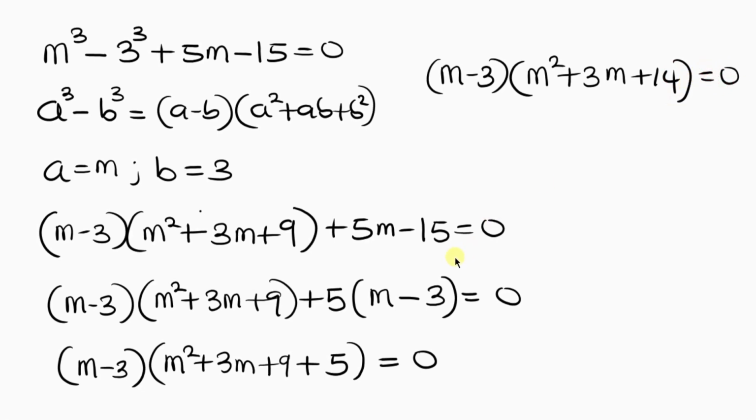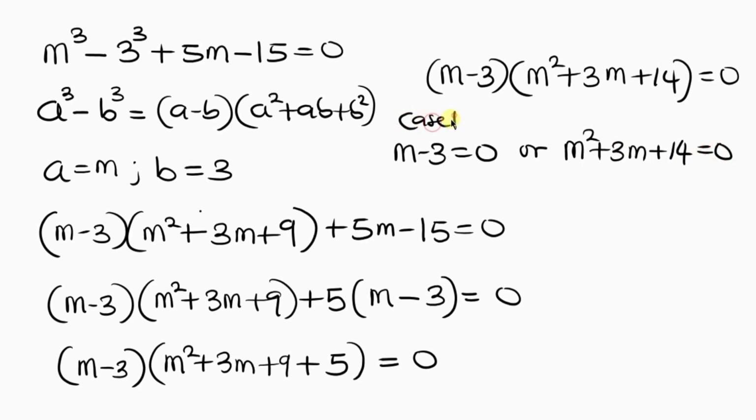So we have two cases. The first case is m minus 3 equal to 0. And the second case is m squared plus 3m plus 14 equal to 0. So this is case 1 and this is case 2.